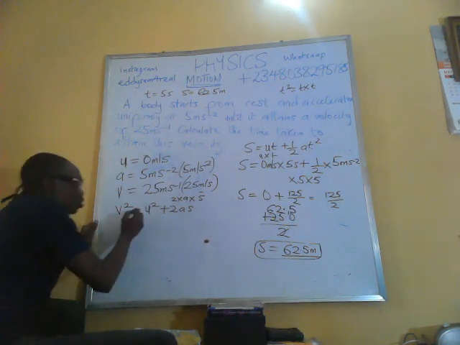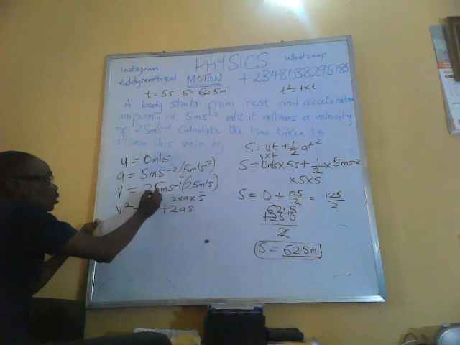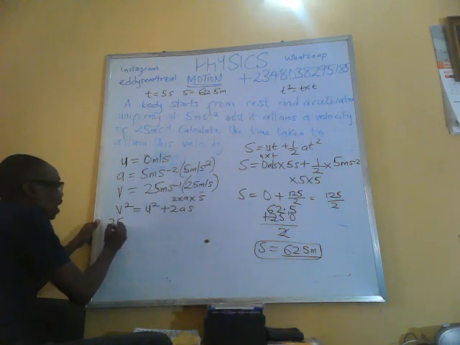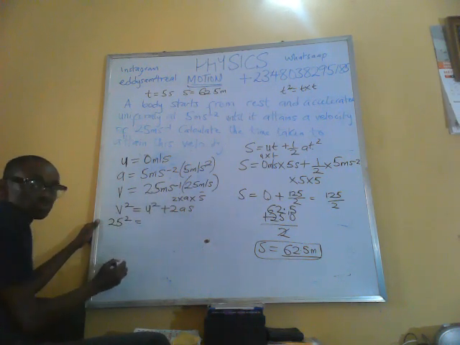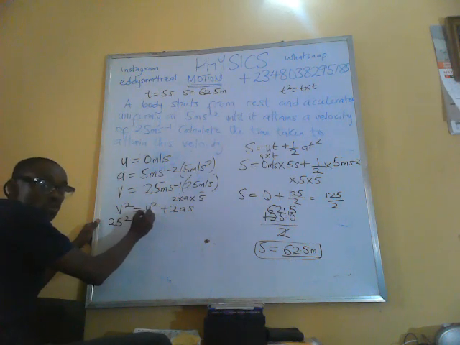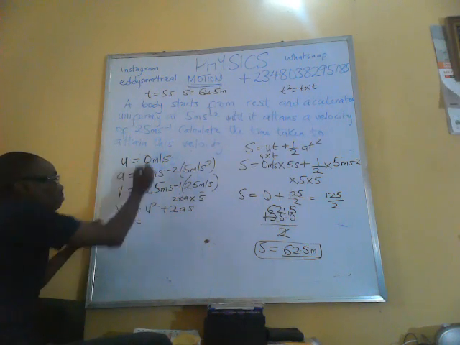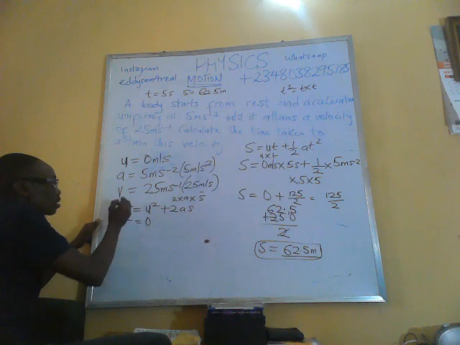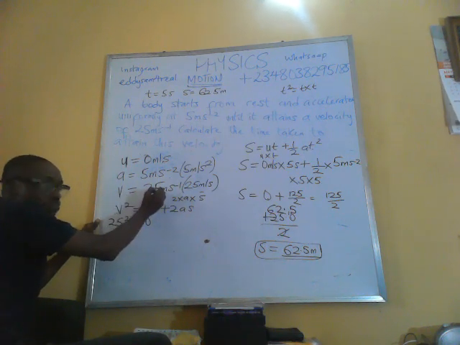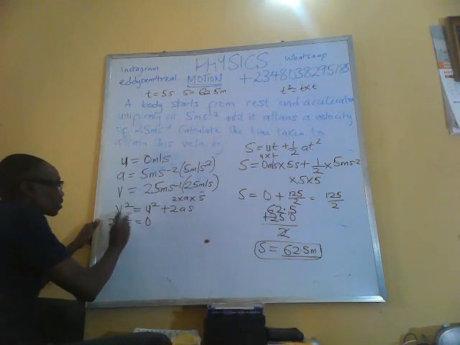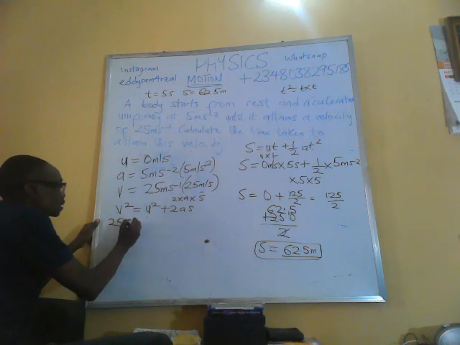So our v squared, which is the final velocity, is what? 25. So we have 25 raised to power 2. u squared, u is 0, initial velocity. v is final velocity, which is 25 meters per second.